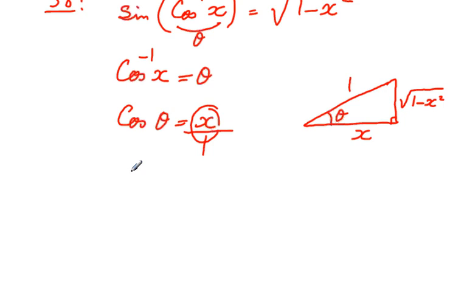Now, as we go down this list, the problems become more and more challenging. Let's take 62. This one, not only are the functions mismatched, but some modifications are also being done. 2 cosine inverse of 3/5.